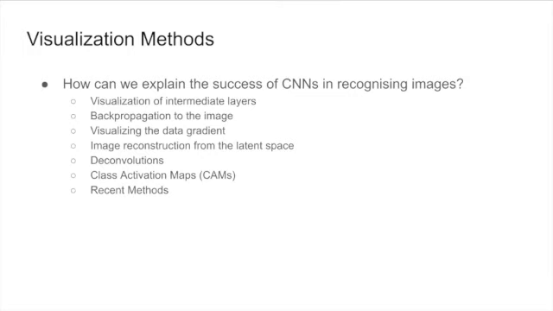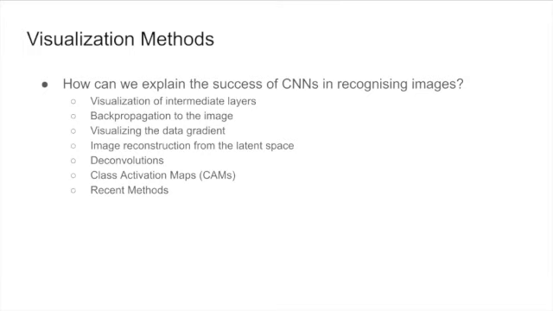There were a couple of methods in the literature on how we can explain the success of CNNs in recognizing images. There were some visualization methods where we just looked at something and intuitively comprehended what might be triggering this successful classification. First is visualization of intermediate layers.